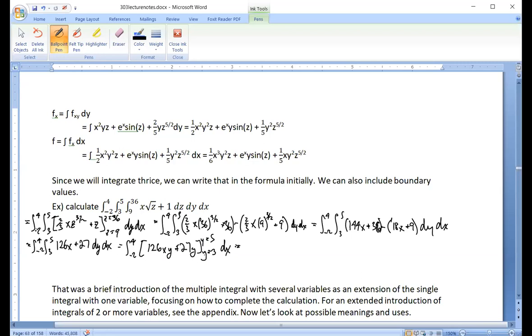Still holding on to that outer integral. 126x times 5 plus 27 times 5 minus 126x times 3 plus 27 times 3 dx.